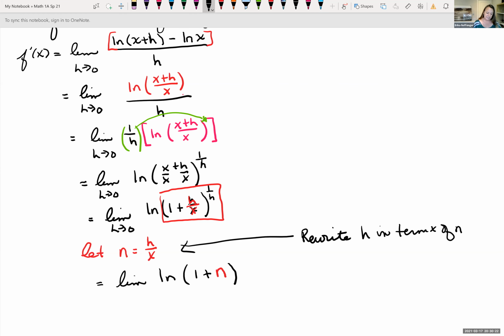If I solve for h, I would multiply both sides by x, and I would get that h is equal to n times x. So this 1 over h, I can rewrite as 1 over n times x.